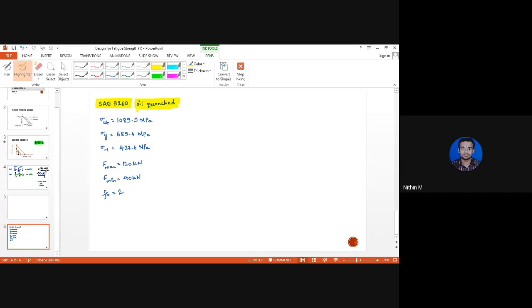Fortunately, in the problem itself, they have specified the values of material properties: ultimate strength, yield strength, and endurance limit. If the problem had not specified them, you would have referred to chapter 1 in the data handbook and obtained these three values using the tables present in chapter 1.